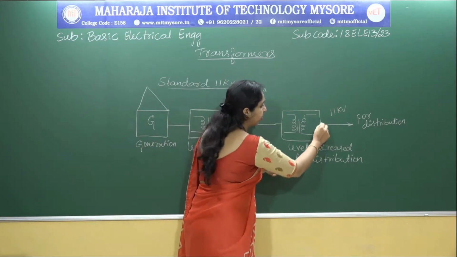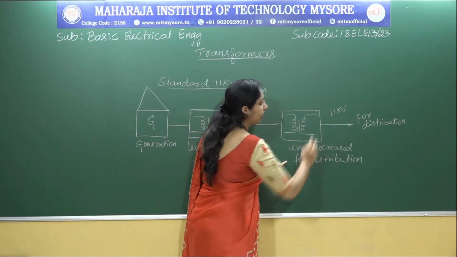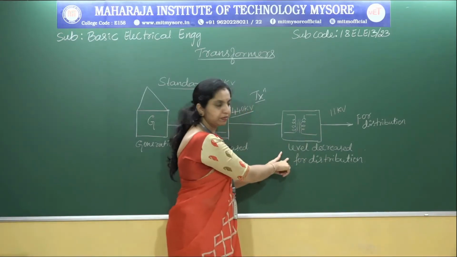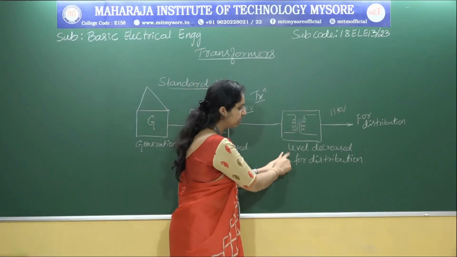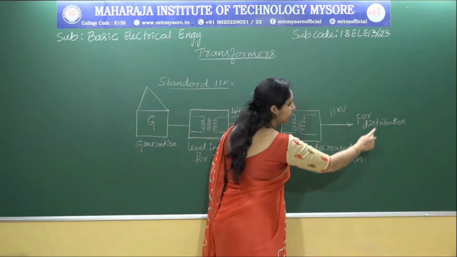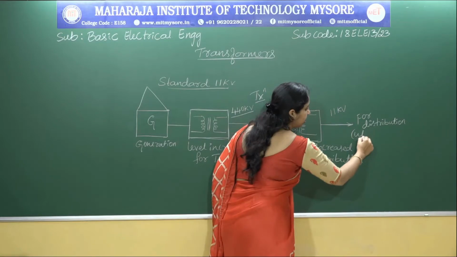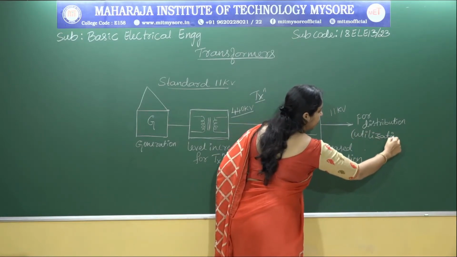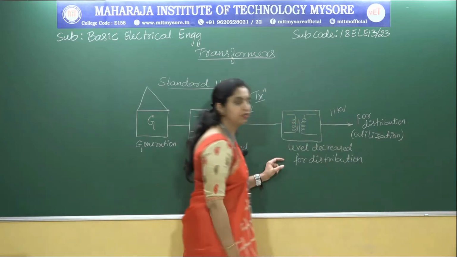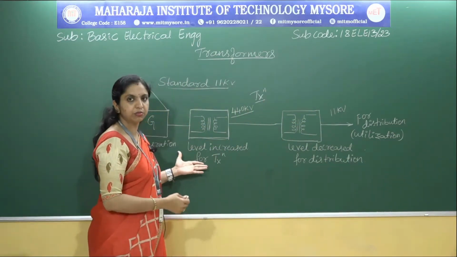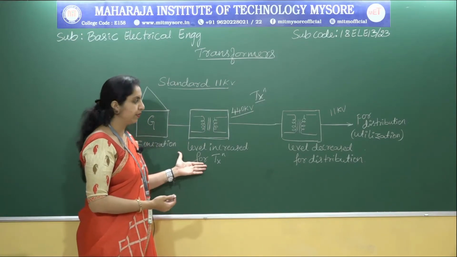After this transformer we have 11 kilovolts. The voltage level is decreased for the distribution purpose. Finally, distribution is for the utilization purpose. This is how we use the transformer in power transmission.